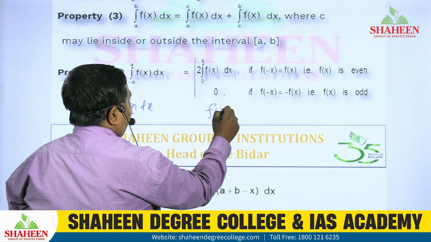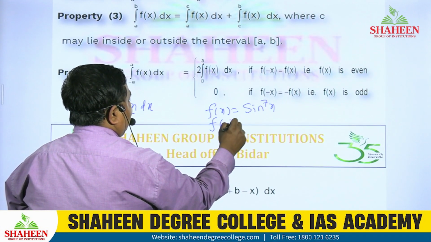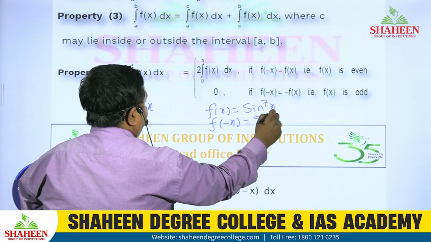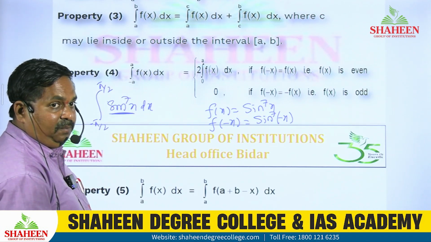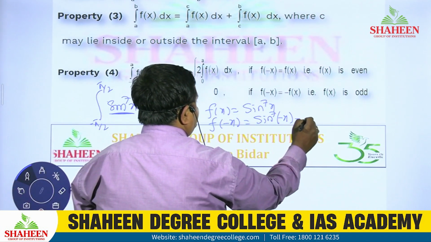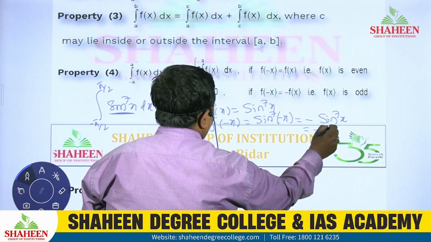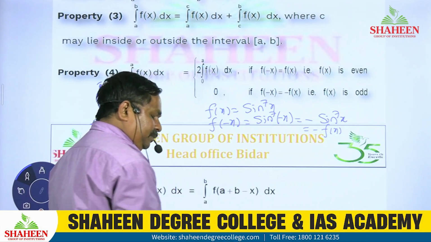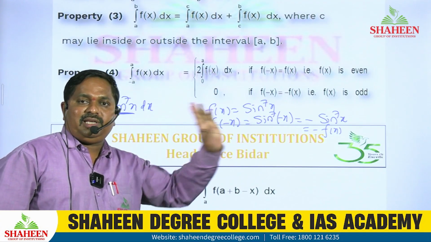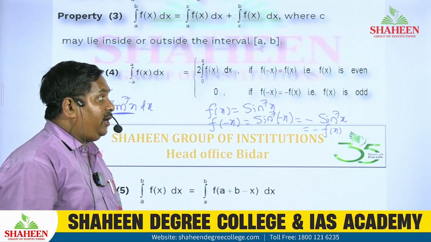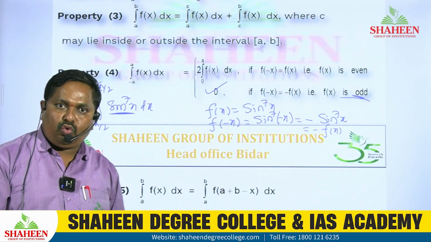Here f of x is sine power 7 x. If we take x as minus x, this becomes sine power 7 of minus x. And you know that sine of minus theta is minus sine theta, and minus power 7 is minus only, that is minus sine power 7 x. This is nothing but minus f of x. This is an odd function. On taking x equal to minus x, we are getting minus f of x, so it is an odd function. If it is an odd function, then its integral is 0.